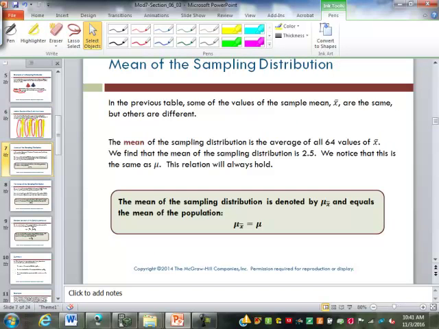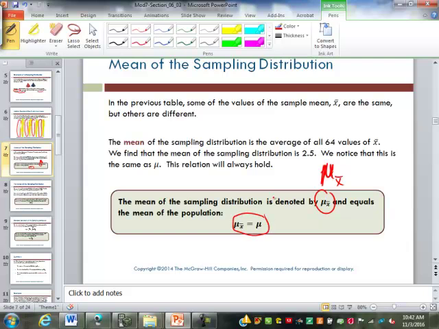So here, the mean of the sampling distribution is denoted by mu x bar. It's a mu and not an x bar because we took every possible sample. So it is the population of possible samples of that original population. X bar represents the sample mean, so it is the mean of the sample means that this notation says.